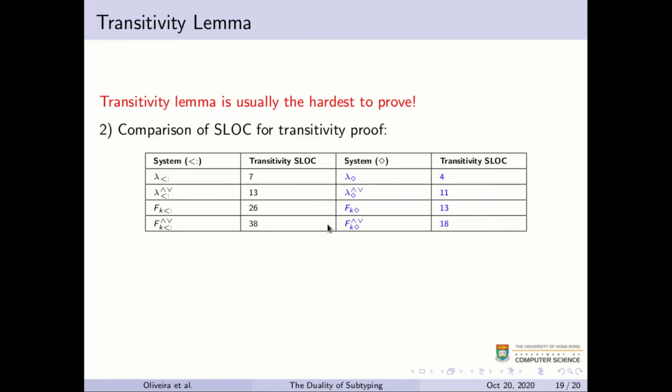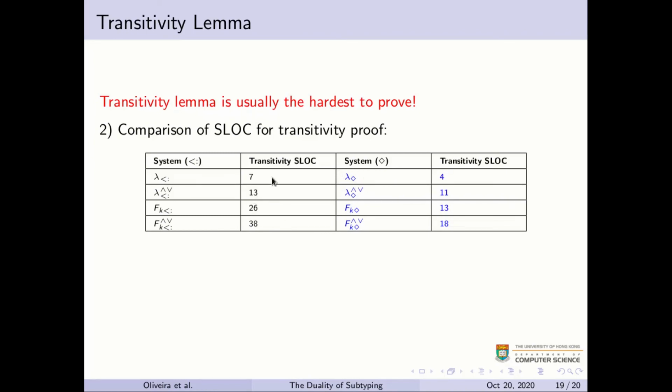The third and fourth columns are related to the duotyping system. The third column shows the duotyping system, while the fourth column shows the respective lines of code to prove the transitivity lemma in that duotyping system. We need 7 lines of code to prove the transitivity lemma in simply typed lambda calculus with subtyping, while we need just 4 lines of code in simply typed lambda calculus with duotyping.